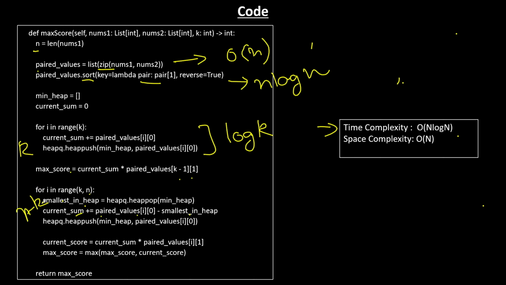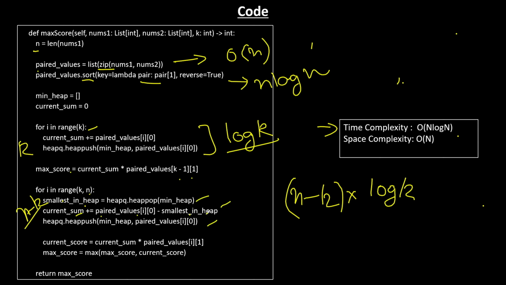So overall, it is n minus k multiplied by log of k, because here you're doing the operations k times, and each takes log k time complexity. But here you're doing n minus k times, and each operation takes log of k time because the size of the heap is k.